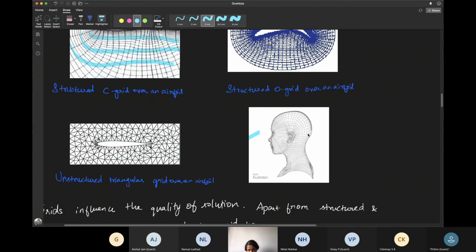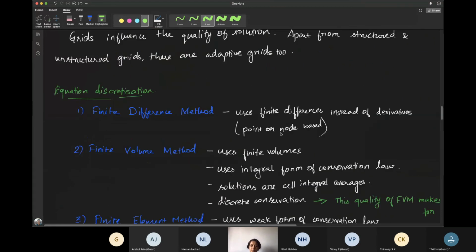Here you have both structured and unstructured types. Here, in these regions, you can trace a single line completely. But in some regions over here, we have some triangles here and there. So it's a mix of both structured and unstructured grids.